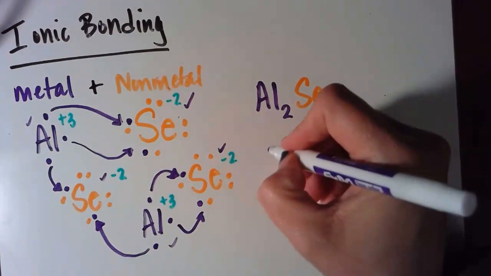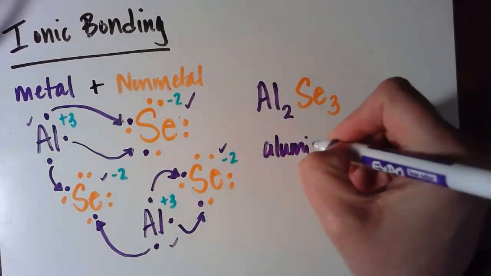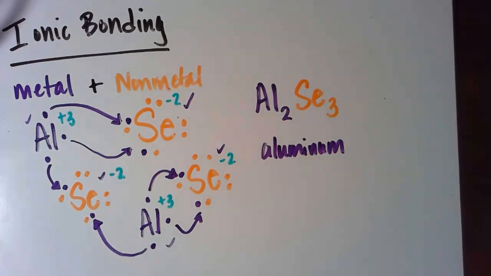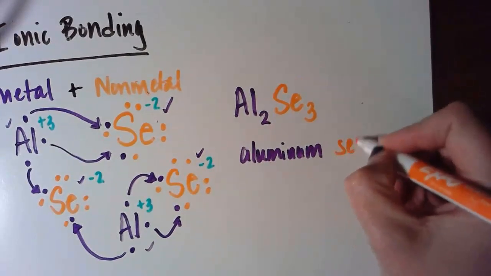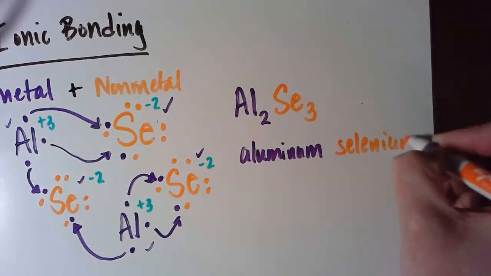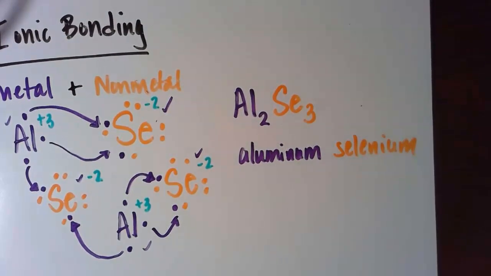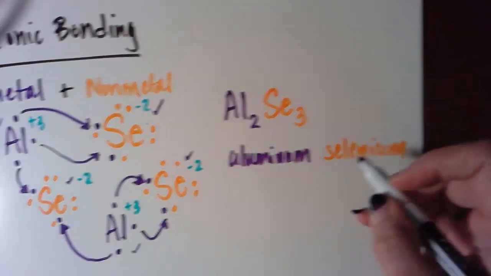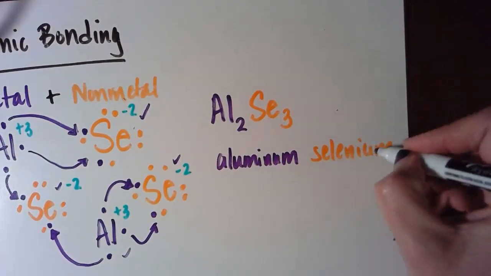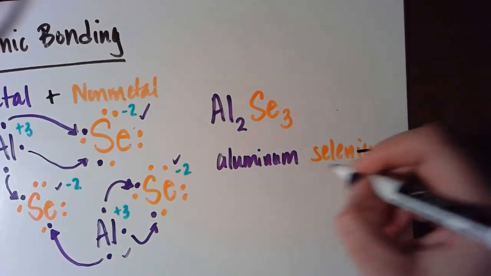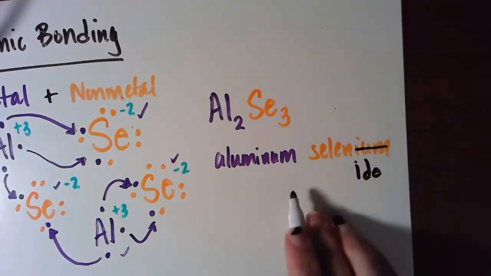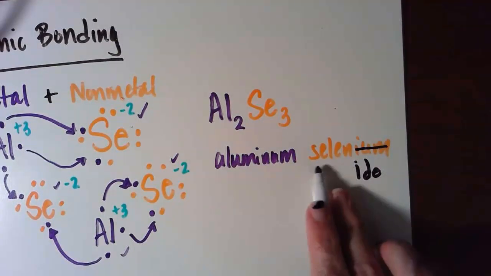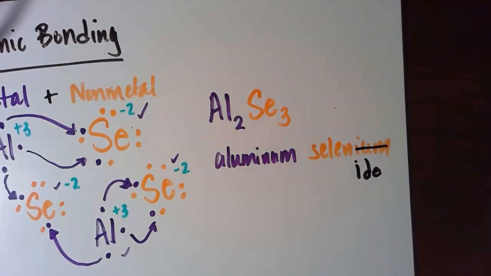And if we name it, aluminum, okay, this one's going to be ugly, selenium. But instead of aluminum selenium, it's aluminum selenide. All right?